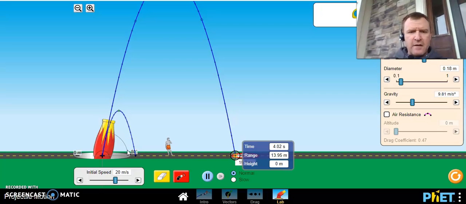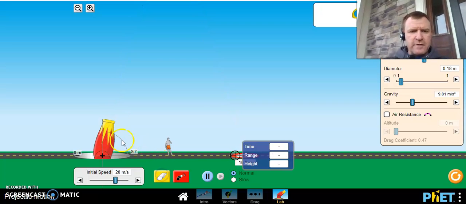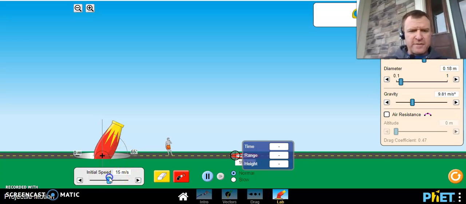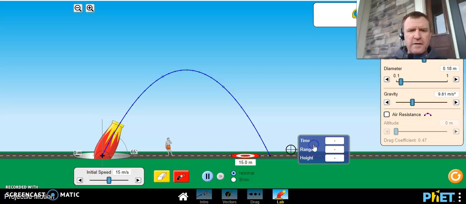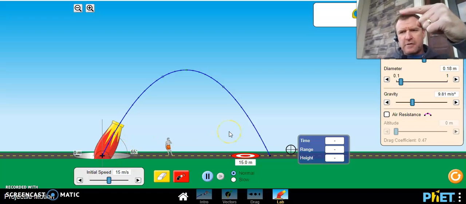Now one other thing I want to do is let's look at an angle. Let's just do 65 degrees, and let's settle down on the speed. Let's go 15 meters per second. Let's launch this. Again, the y component of velocity dictates how much time it's going to spend in the air. The x component gets it across.